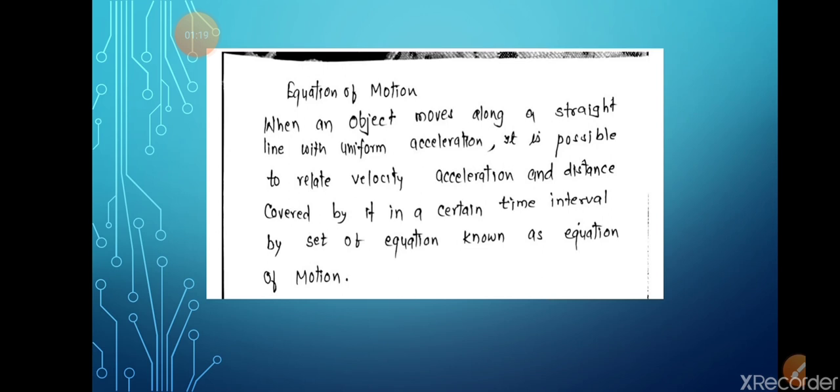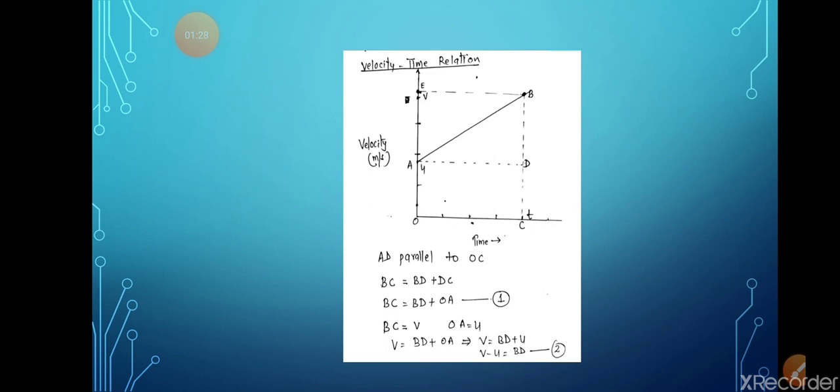So what is the first relation? We will go with the velocity-time graph, which gives the first relation between velocity and time. On one axis we have time and on the other axis we have velocity. But the initial velocity is OA, and that is not equal to 0.